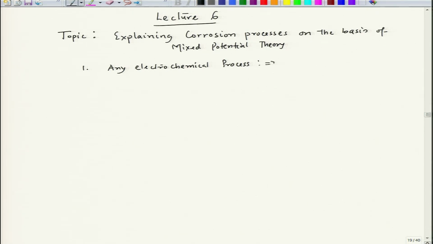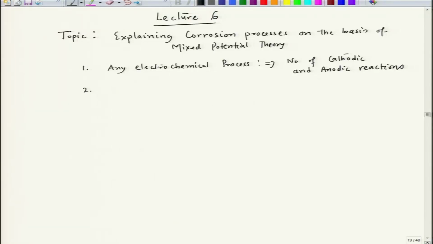So, it consists of a number of cathodic and anodic reactions, and there could be a situation that one particular electrochemical process, let us say zinc dissolution in acid, can have one cathodic reaction and one anodic reaction, or multiple cathodic reactions and one single anodic process.